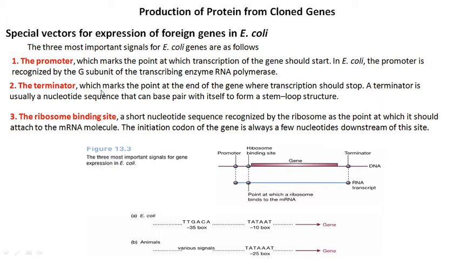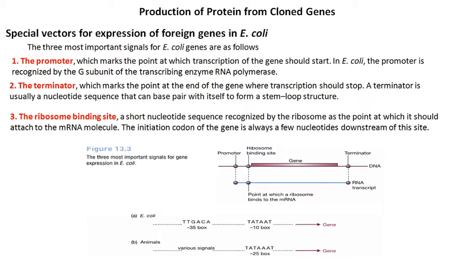Second is the terminator region. Actually, it is the point at the end of the gene where transcription should stop. So this is also important because if you do not put a terminator region, your gene will continuously transcribe, or your final product, that is protein, will be much longer than you expect.